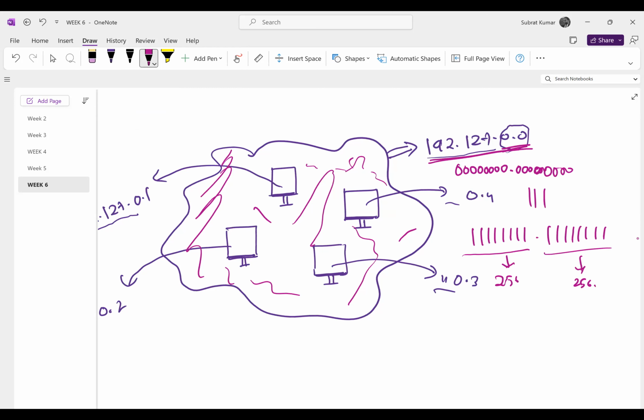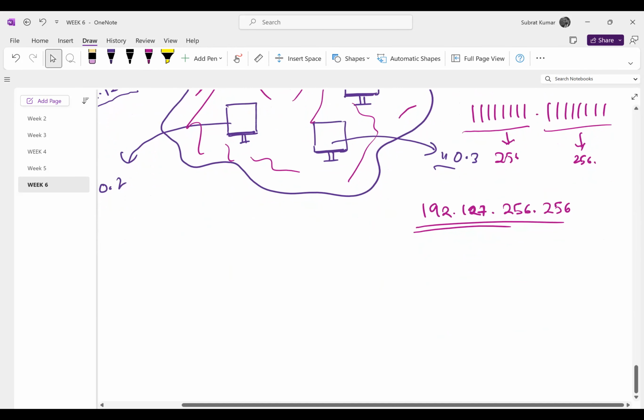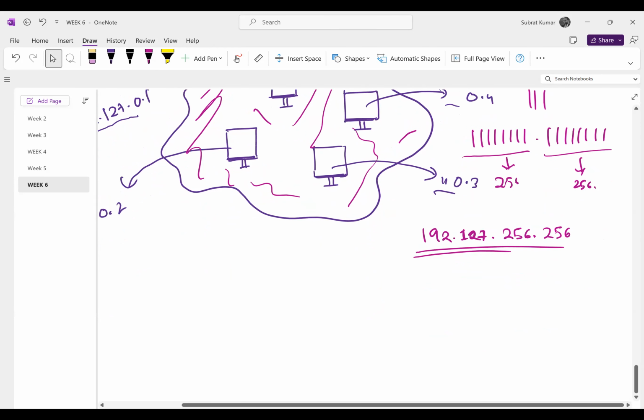So if you find any address that looks like 192.127.255.255, then this is the broadcast address.